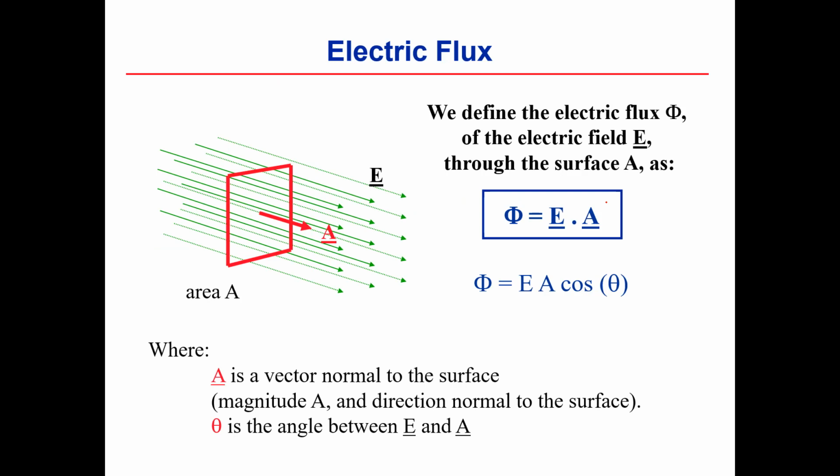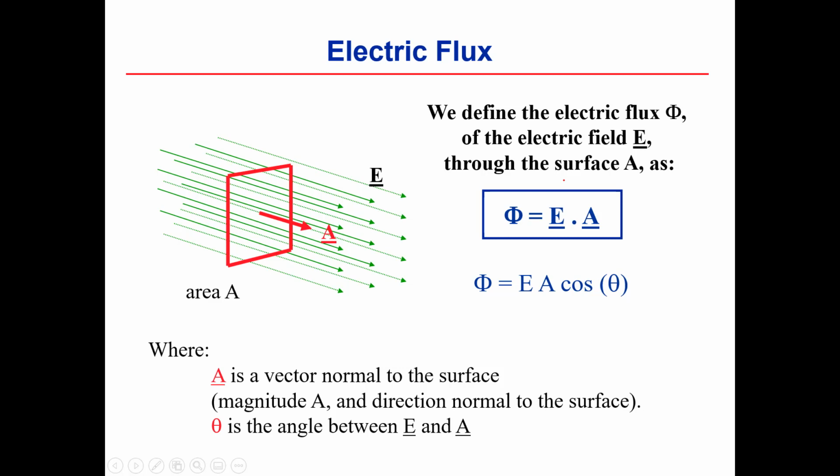Okay, so on to electric flux, we start with the definition of electric flux, class. The electric flux, denoted by the capital Greek letter phi, is equal to the dot product of the electric field and the area vector.